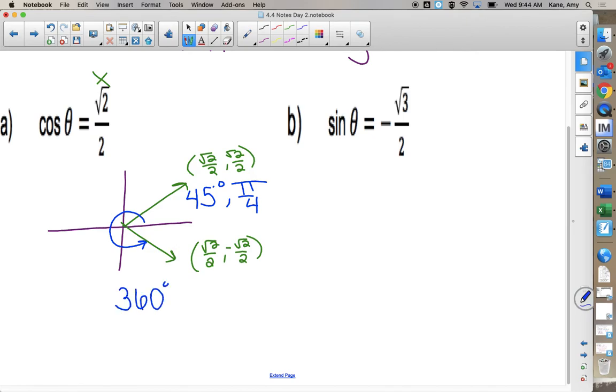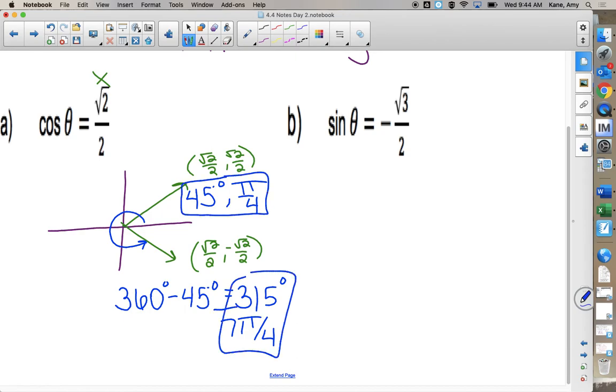So we know it has to be less than 360 by 45 degrees. What is 360 minus 45 degrees? 315. Nice. Do you know what a 315 degree angle is as a radian? Is that 7 pi over 4? Awesome, nice job. So now I have 2 answers, 2 in the first quadrant, 2 in the fourth.